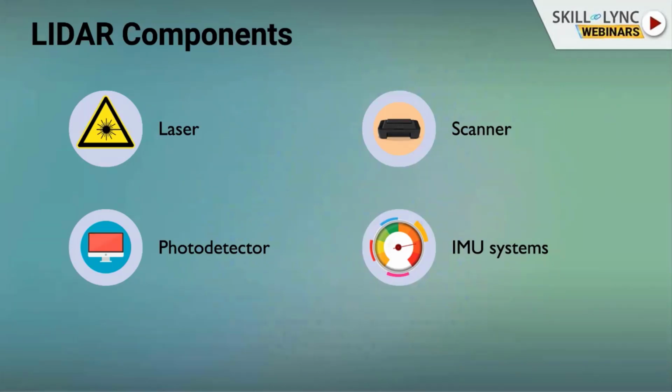So the scanner is like that, if you have a rotating mechanism in your LiDAR, it is helpful. The photo detector is for receiving the light that the transmitter is sending. The photo detector will detect and then give further information about the object and depth. The IMU is an optional and not compulsory component for LiDAR, but in the case of a self-driving car, it is definitely a major component. It is for measuring roll, pitch and so on.